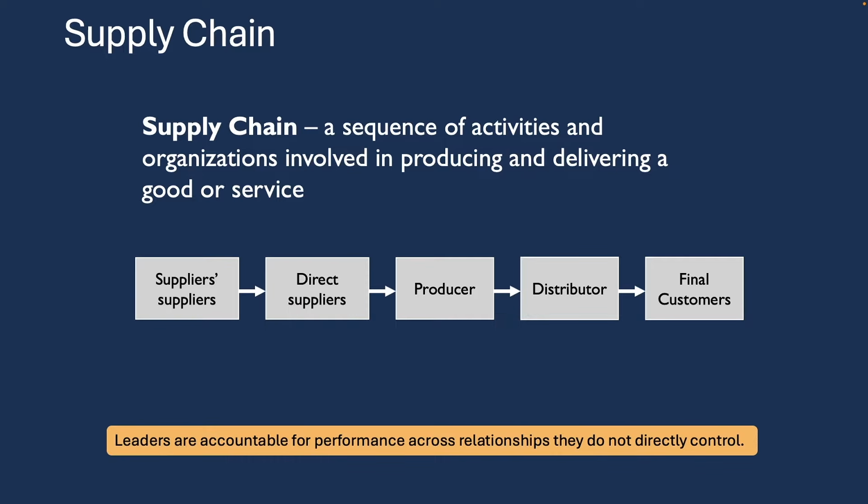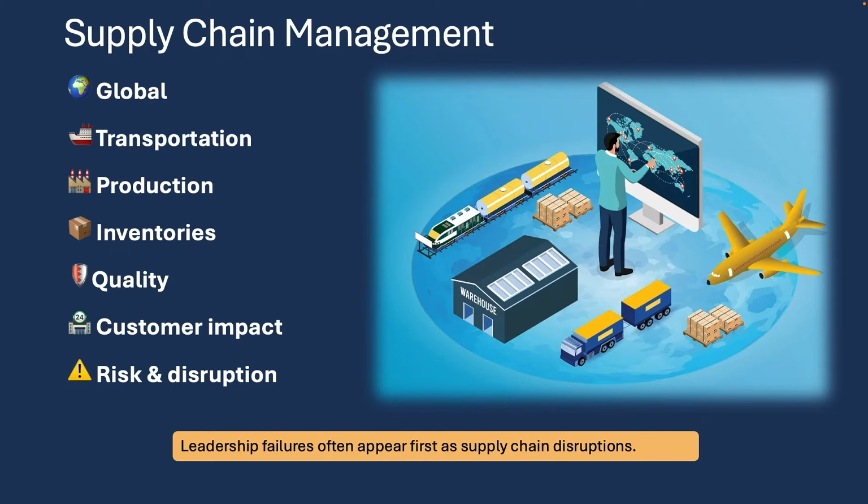Effective supply chain leadership depends on trust, coordination, information sharing, and long-term thinking. Many supply chain failures are not technical failures, but leadership failures in alignment and communication. Trust, transparency, and coordination matter as much as contracts and logistics.